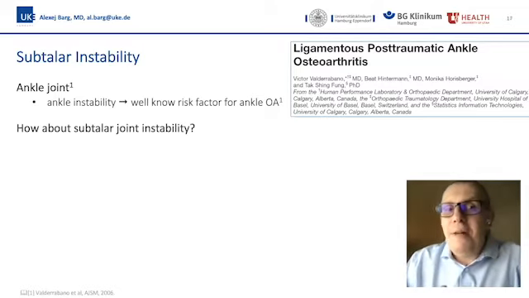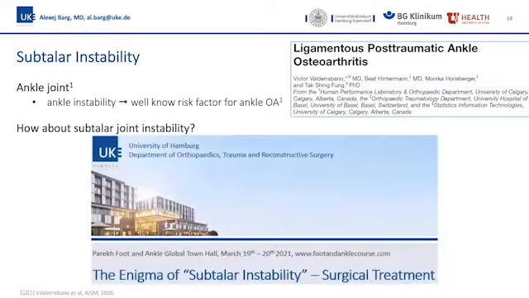But how about subtalar joint instability? This is one of my last talks for Park Foundation, and there is still a question: does subtalar instability exist at all? So, the enigma of subtalar instability.